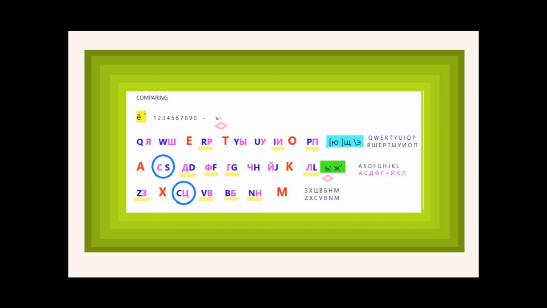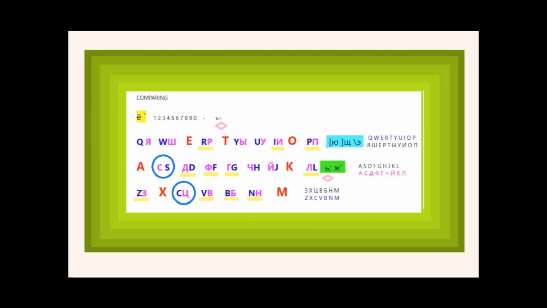In the second row, in the Latin alphabet it is the letter A, and in Russian, of course, it's A. At the end, we have in bright green the so-called soft sign in the Russian alphabet, at the Latin semicolon. Then zh.